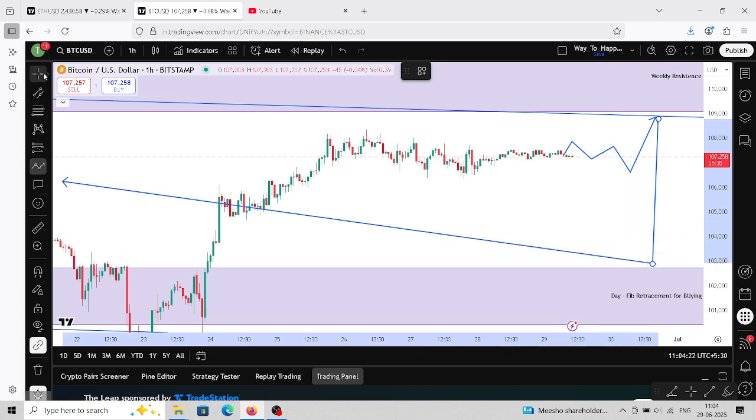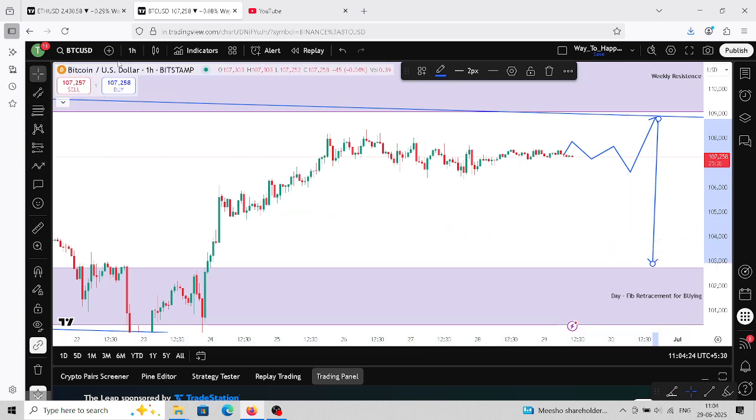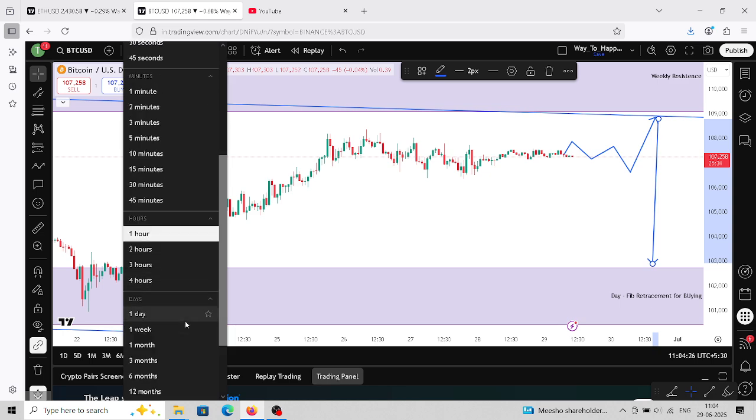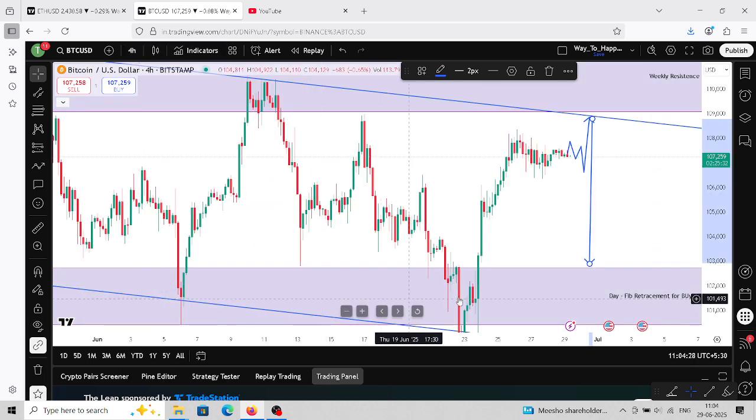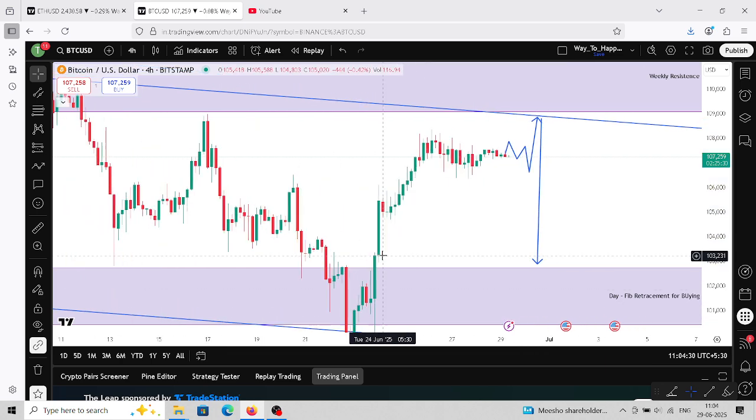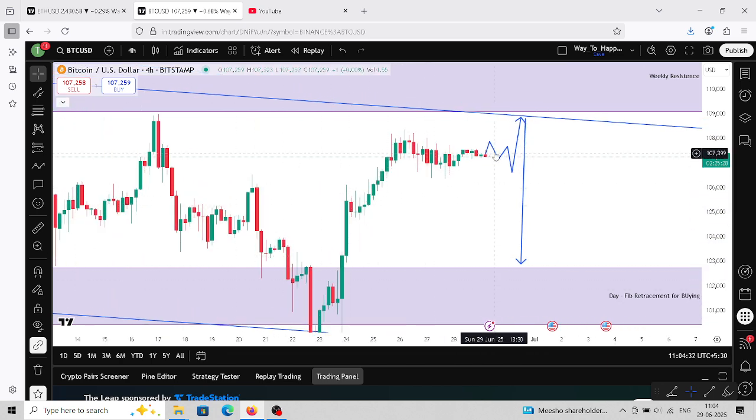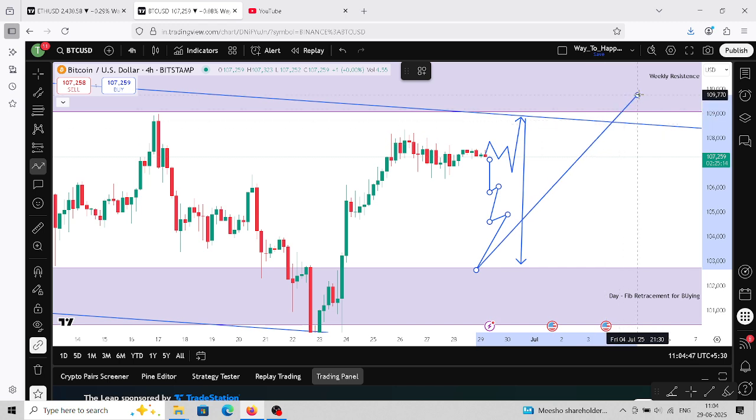Or rather, the next view can be, if I go back to the 4 hours, although it should not happen, but still, today is a Sunday, and if something unexpected happens on the Sunday weekly and prices come down like this, then definitely it is going up here.